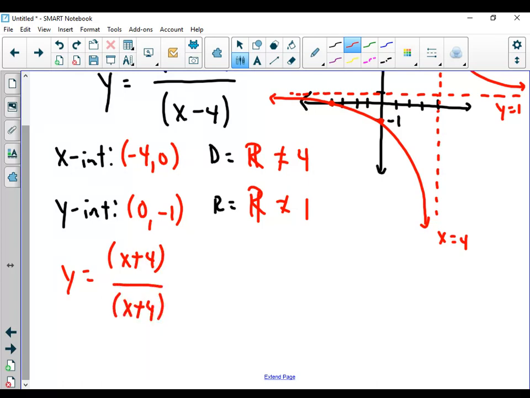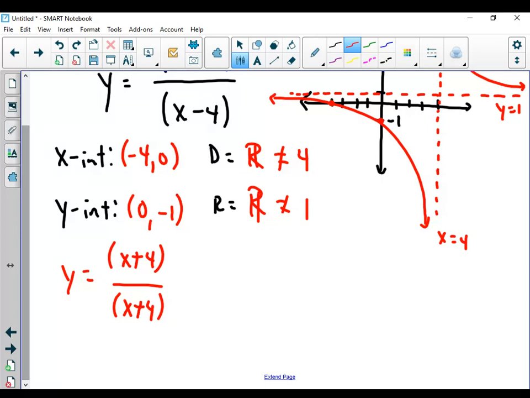Okay, so let's say I did that. We know it's going to basically simplify down to 1, right? So kind of like the other day where we had that horizontal line at 1. Where would I have the hole at, though? 4. Close. Negative 4, sorry. Negative 4, yeah. So these two would cancel or they would simplify down to 1. But we still have that one excluded value, that one value that doesn't work.